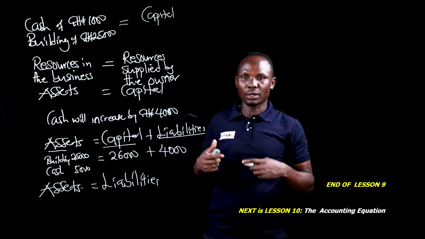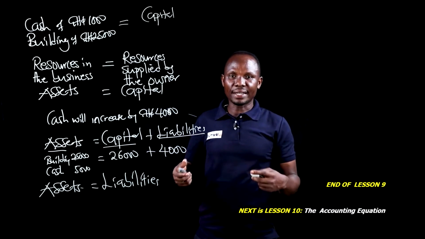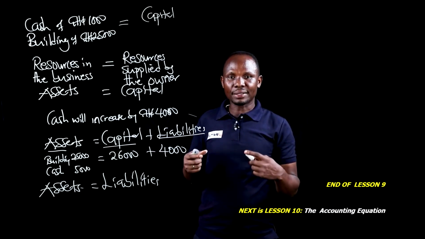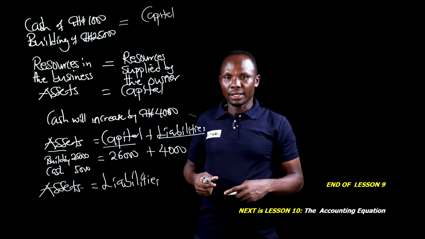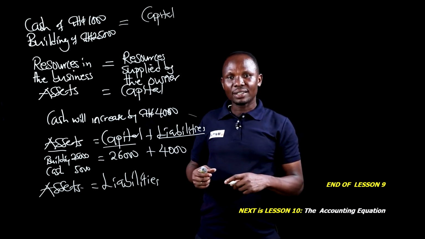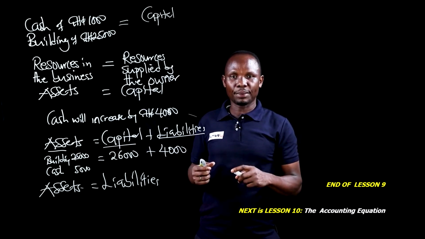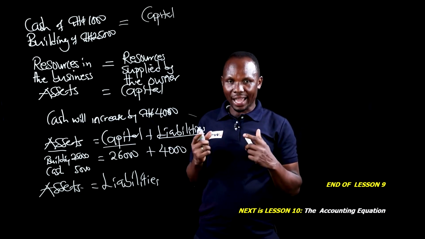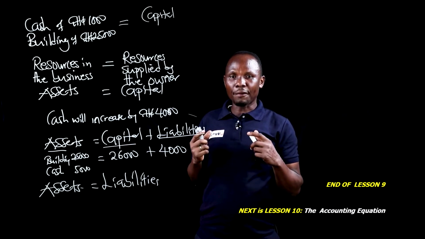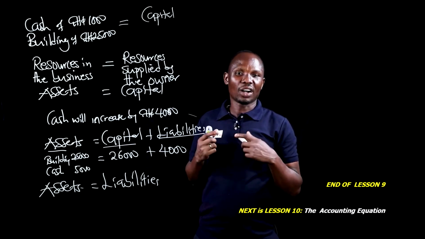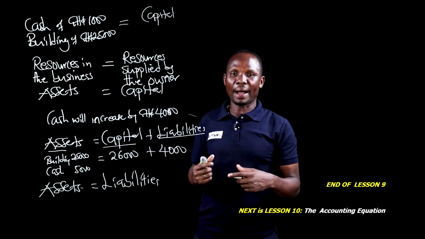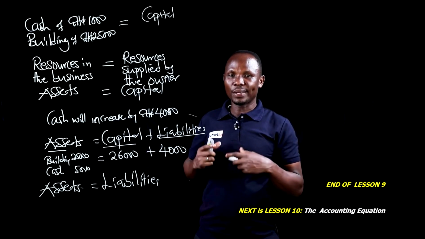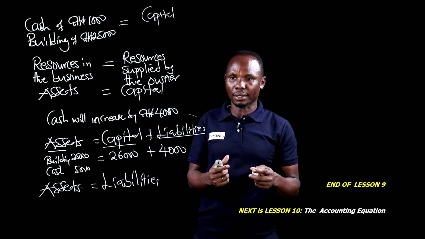In this lesson, we studied the accounting equation. And we said the accounting equation is an algebraic equation that shows the relationship between asset, capital, and liabilities. And we said if all the resources in the organization are provided by the owner, then the accounting equation will be asset is equal to capital.